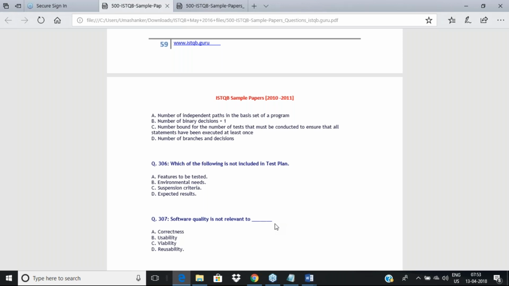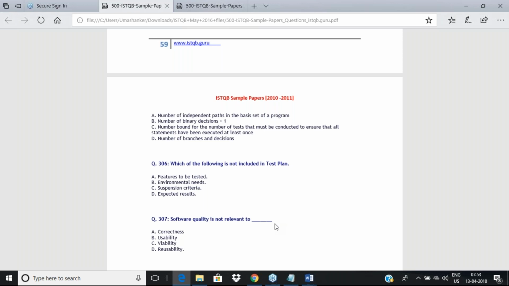Suspension is not exit criteria. We'll suspend the testing if major things are not working, like sanity testing failed or BVT failed, and we are not able to proceed. You need to have a criteria for that. Expected result will be part of a test case. So D is the answer.